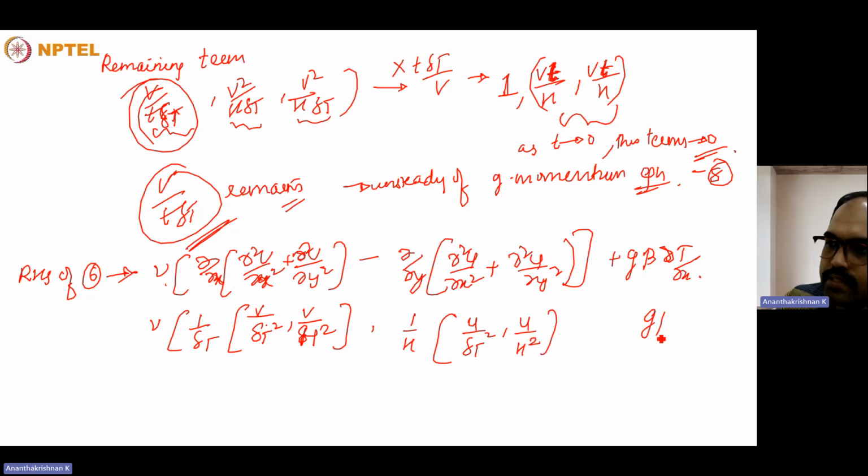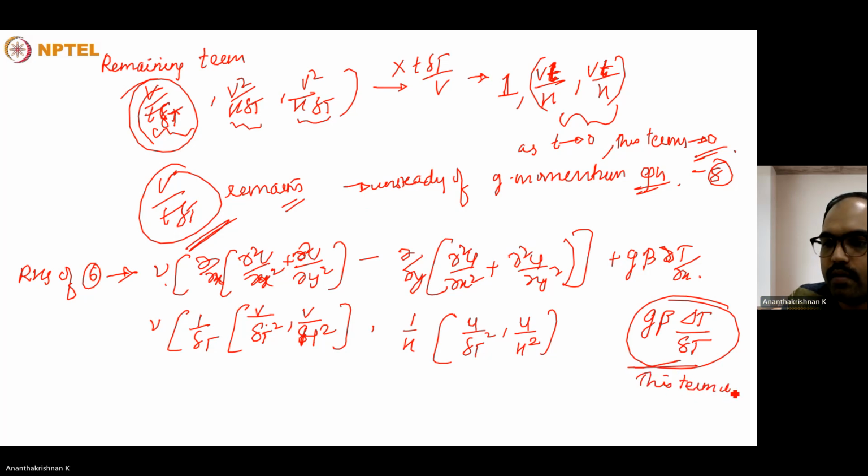And this will be scaled as g beta delta t divided by delta t. We can't actually ignore this part because natural convection is driven by buoyancy. So this term will always remain in the solution.